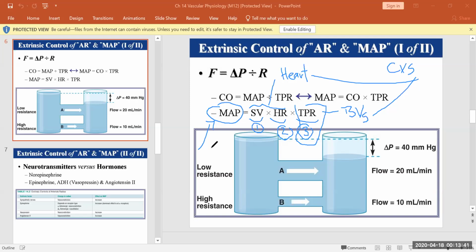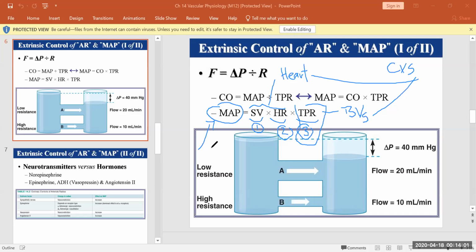The blood vessel can constrict, the blood vessels can dilate, affecting blood flow. That's the power of this equation. MAP equals SV multiplied by HR multiplied by TPR.